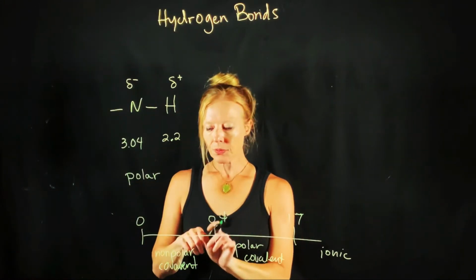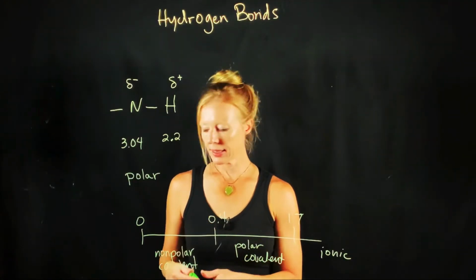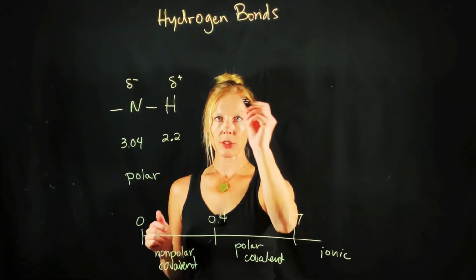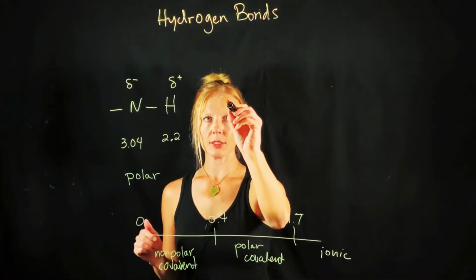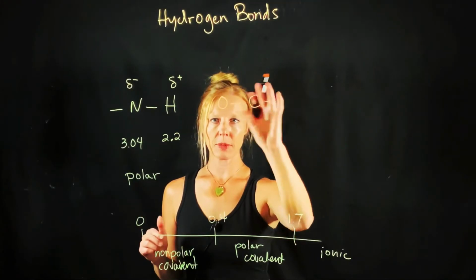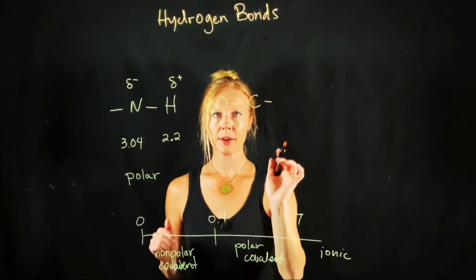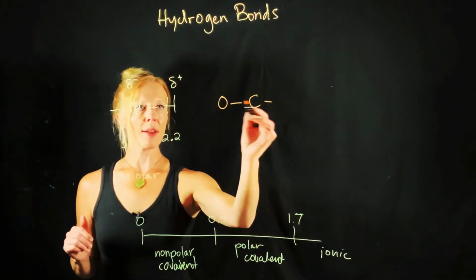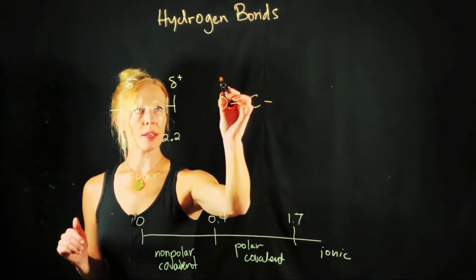All right, so this is one bond, and let's say next door we actually have an oxygen. We can say it's attached to a carbon, and there are some other things over here, it doesn't really matter. Once again, between carbon and oxygen, we're going to have a difference in electronegativity.